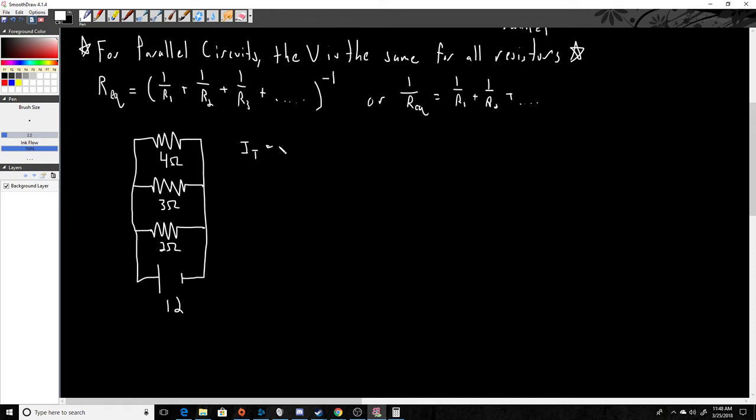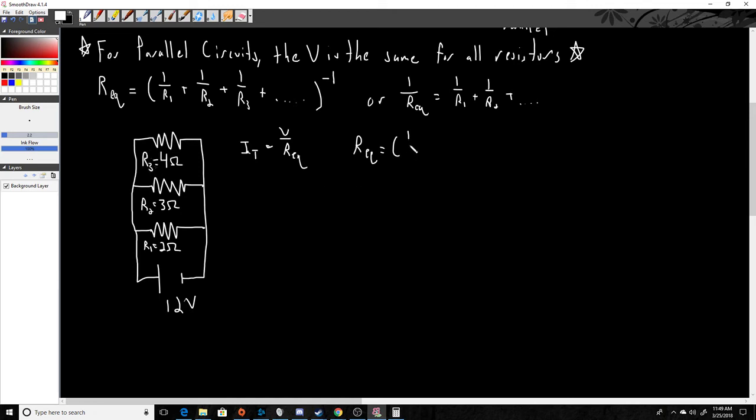So I total will be equal to voltage over equivalent resistance. My voltage is going to be the same for all of these. The voltage is the same. That is the key to analyzing parallel circuits. To figure this out, my equivalent resistance is equal to, with my 3 resistors, this one's R1, this one's R2, and that one's R3.